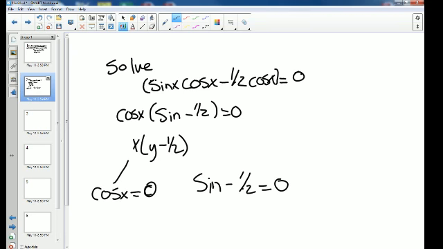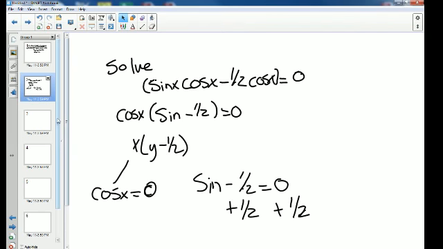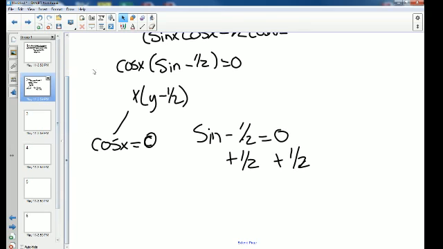Since cosine already equals 0, you're going to have to add 1/2 on both sides, and then it's going to be sine x equals 1/2.